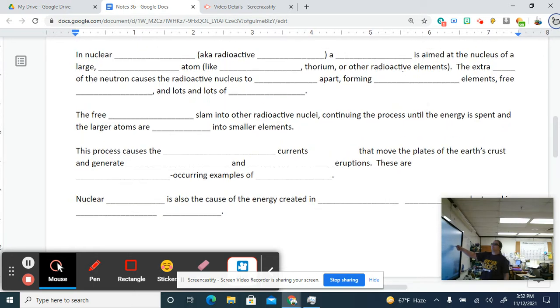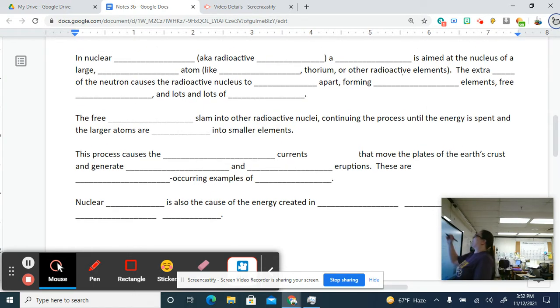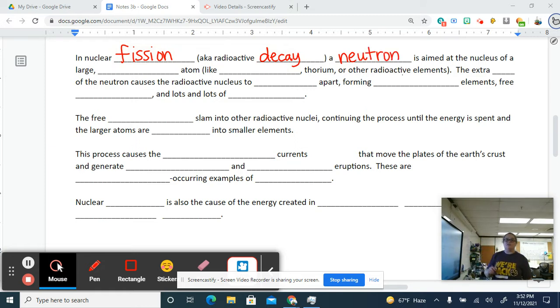In nuclear fission, also known as radioactive decay, a neutron is aimed at the nucleus of a large, unstable atom, like uranium, thorium, or some other radioactive element.